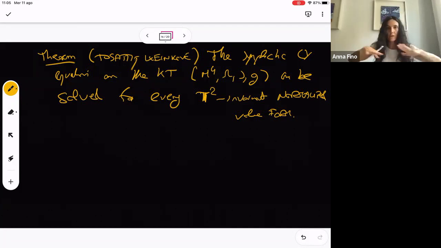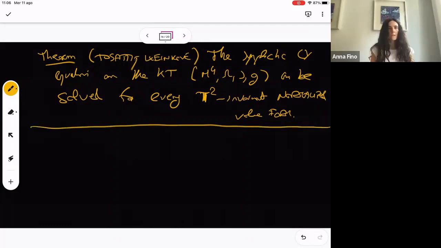The function depends on the base, on x and y, and so on. In the slides, you can find an idea of how it works. The proof is not so complicated. The main thing is to get a bound for the trace of the new metric with respect to the previous one, and then to apply the continuity method.